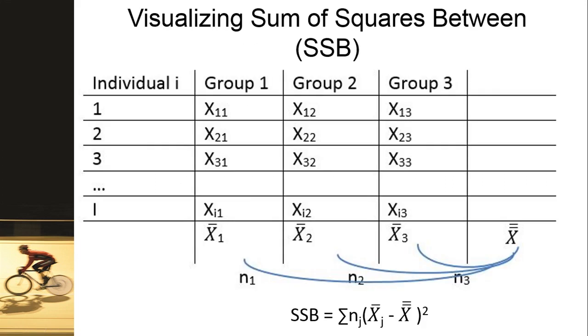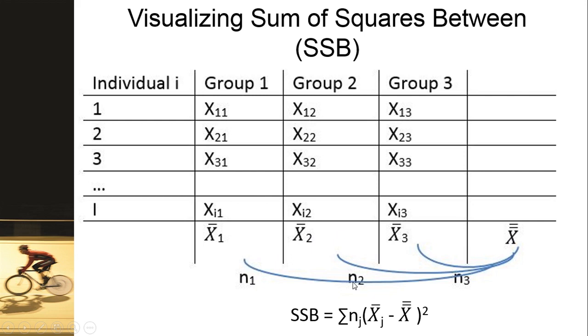Okay, visualizing sum of square between, SSB. As you can see, this is what I call horizontal comparison. It compares each group mean, x bar 1, x bar 2, x bar 3, which is the group mean for each group. And because each group has a different number of people in it, you have to consider the group size.